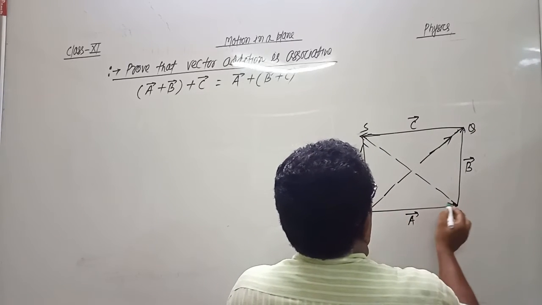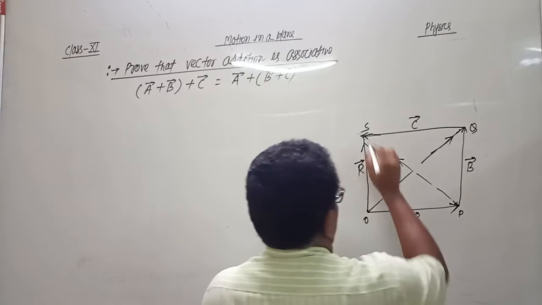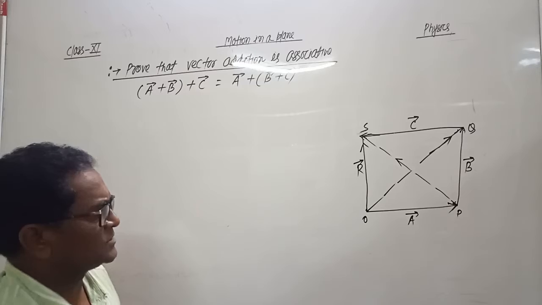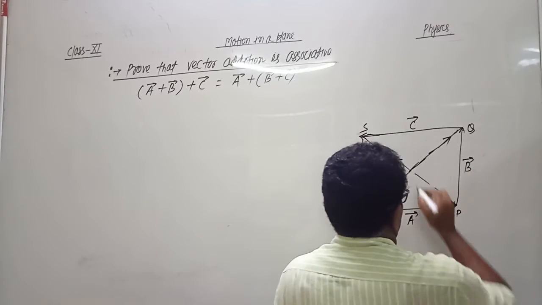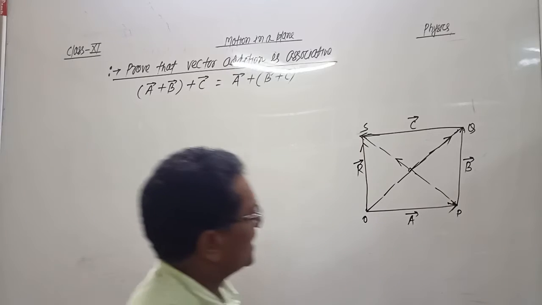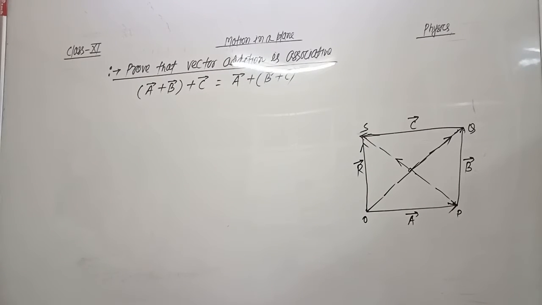Then OP vector, PS vector, and this is the resultant vector OS. So we have taken three vectors, A, B and C. We suppose OP equals vector A, PQ equals vector B, QS equals vector C, and OS is the resultant vector.